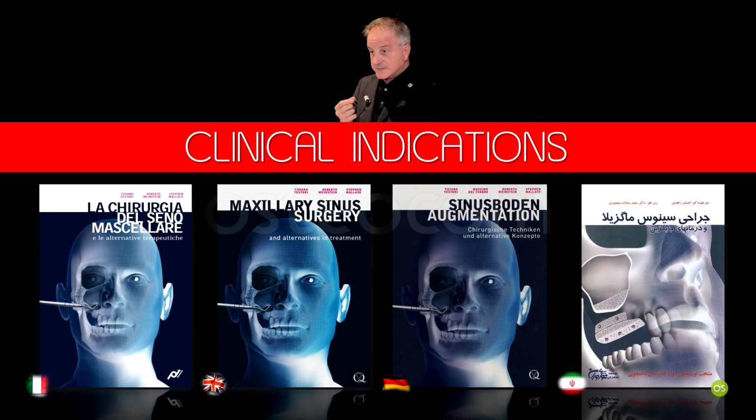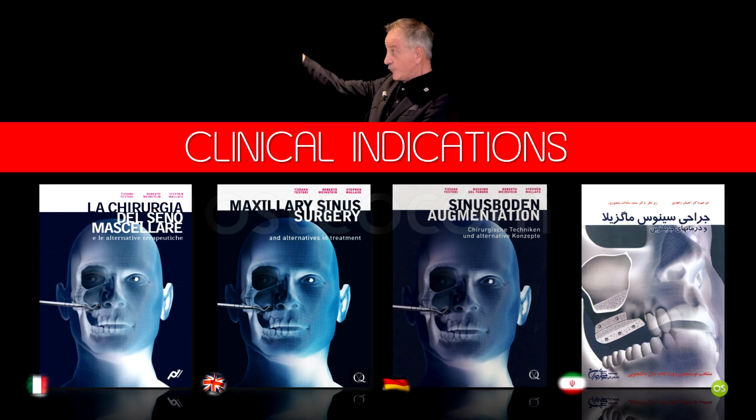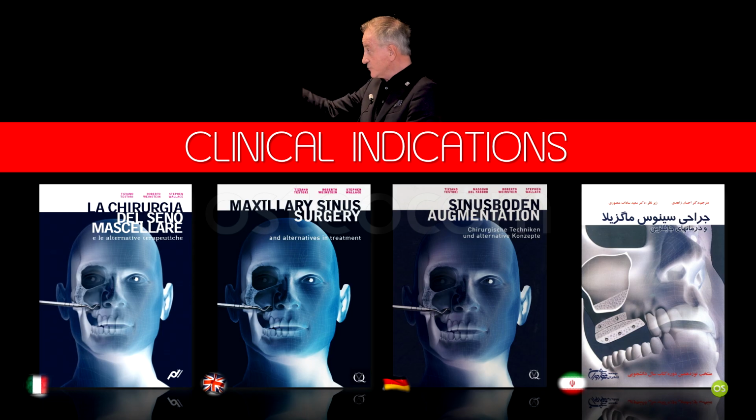That means that the particles are smaller than the opening, and they can go through the ostium, and the patient after 2 months, 3 months tells you, doctor, some granules, is that normal? Come to the office, check, and do a clinical evaluation.